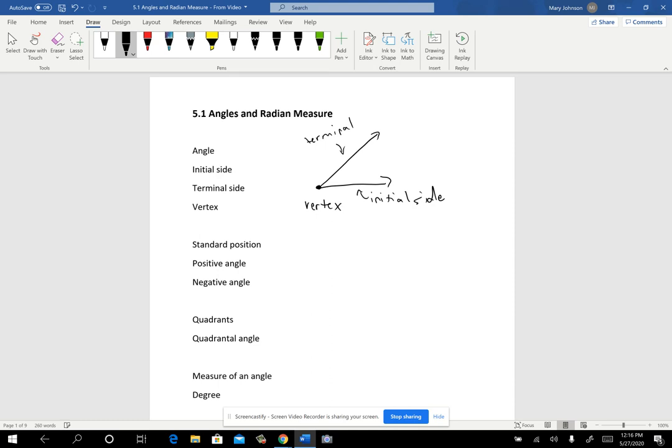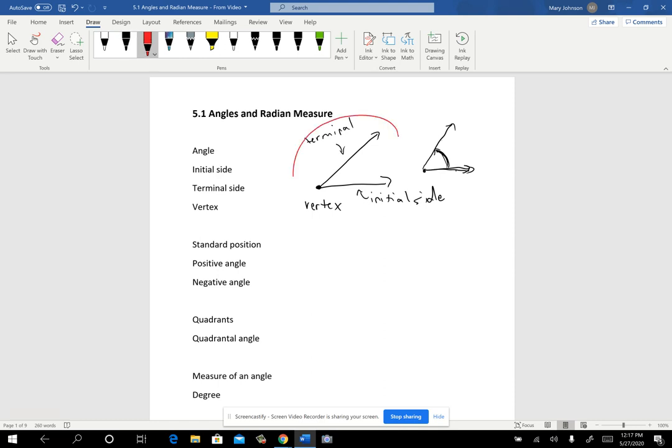Because the way you think about an angle is that maybe it started as two rays kind of right here, sort of on top of one another, and then you pulled one of them away, okay, to create some separation, and that makes your initial and your terminal side, okay? And so the angle is the whole entire thing.